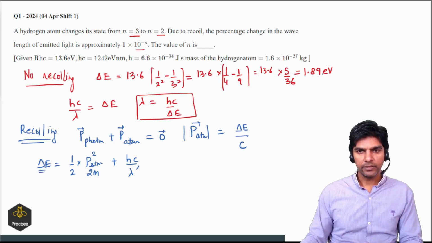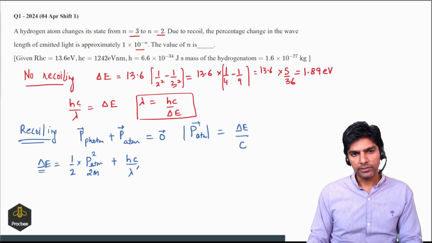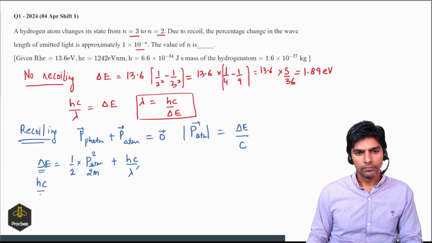And this delta E is nothing but 1.89 electron volt. And delta E can also be written as hc by lambda. So 1 by 2m times the linear momentum of the atom squared will be the energy.